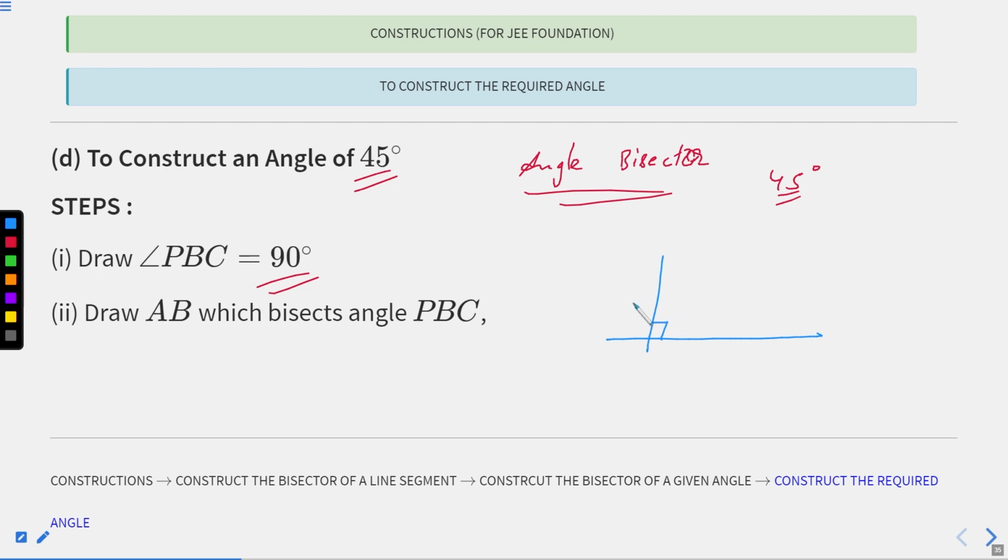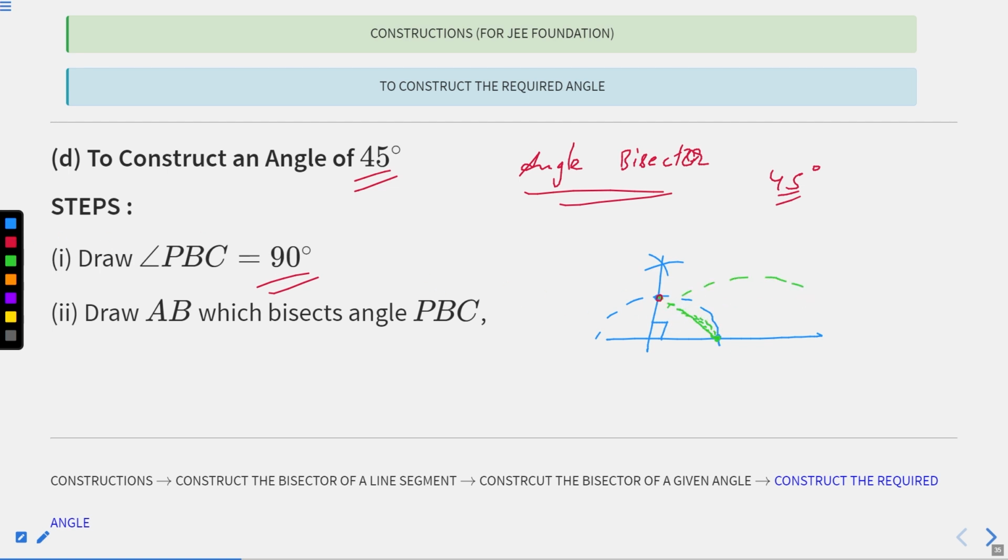Now how are we going to bisect it? Say this is our 90 degree angle. So the angle bisector is this. Take this as our center, using more than half of this length, making an arc like this.